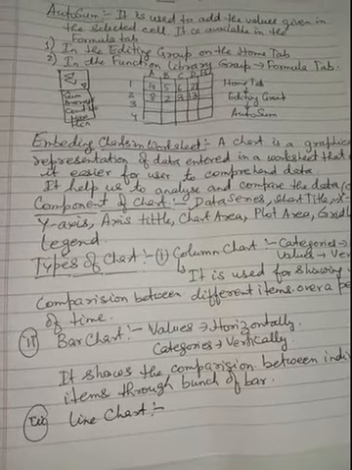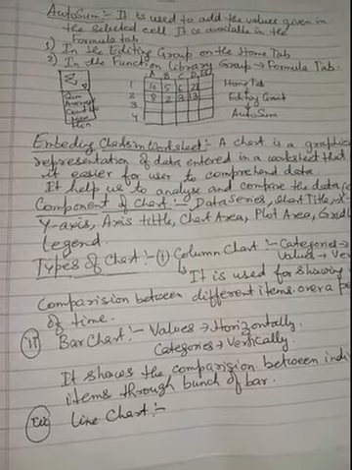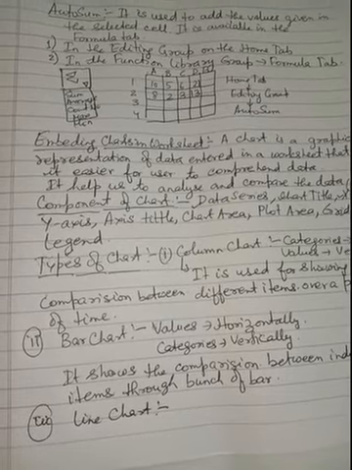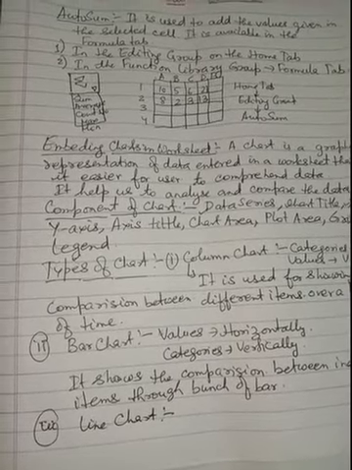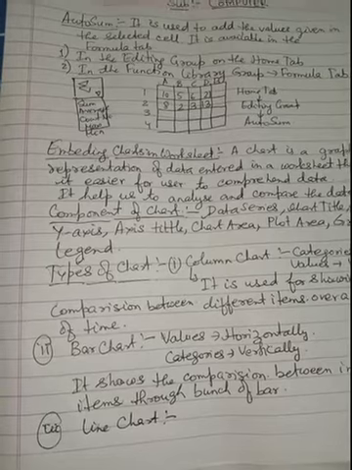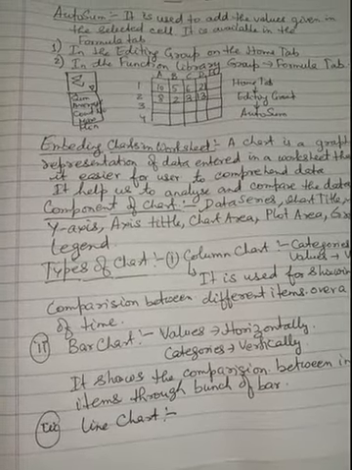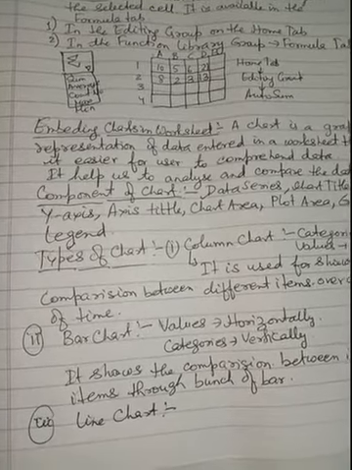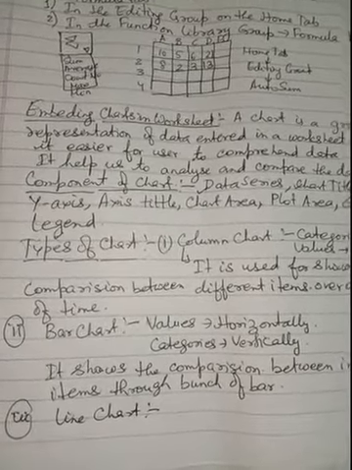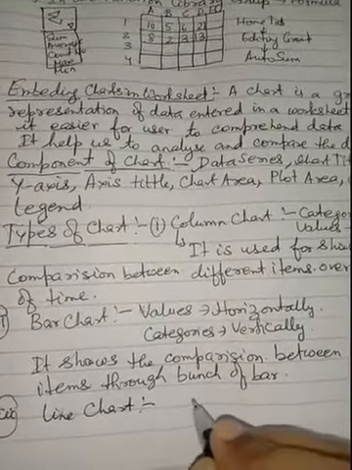Generally we use them in cricket matches also. We have seen the use of line charts where lines are drawn to represent the run rate of the team in different overs.